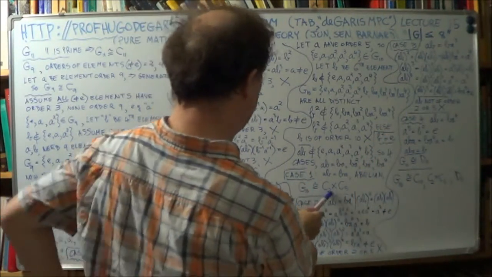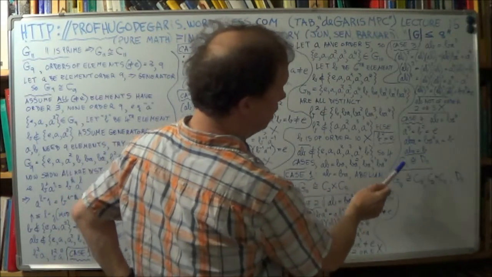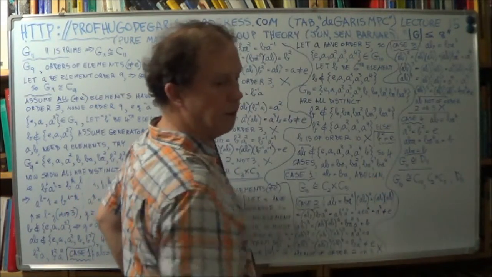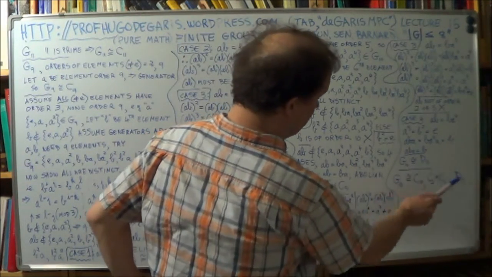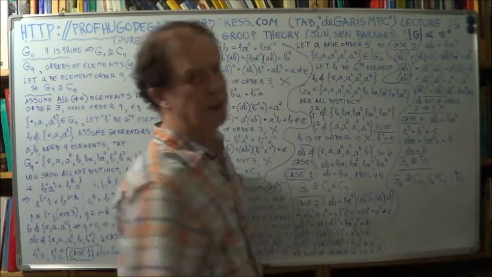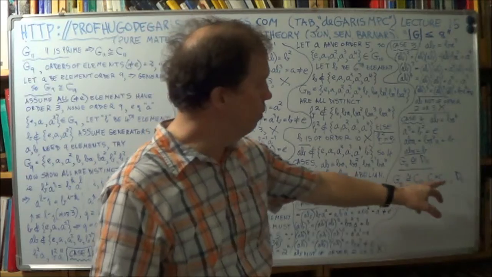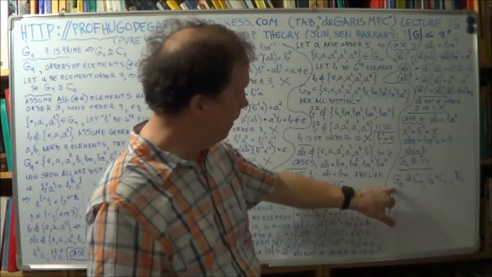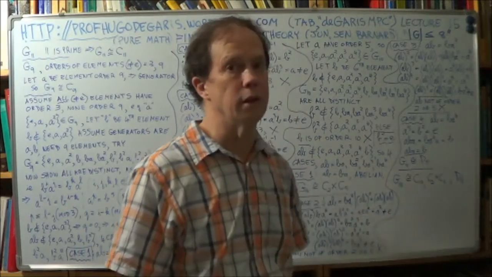Oh, here. C2, C5. And we've just derived that G10 is isomorphic to the dihedral group as well. It's a third possibility. So the answer for how many different non-isomorphic types of group you can have for G10 is 1, 2, 3.